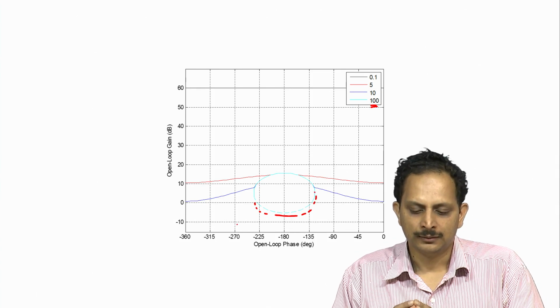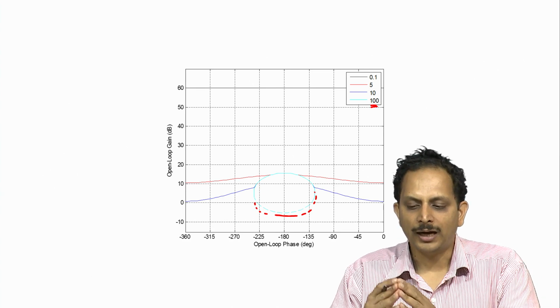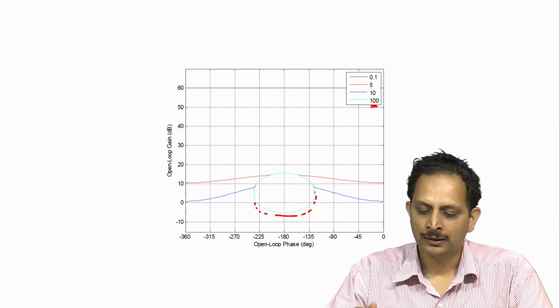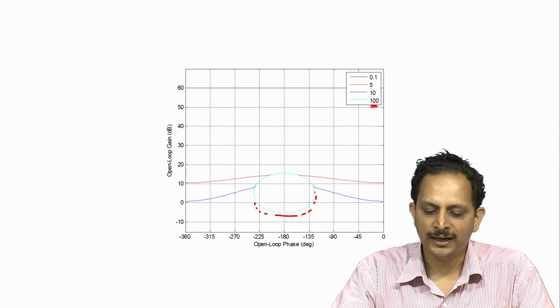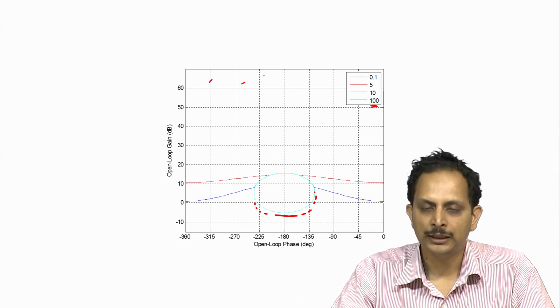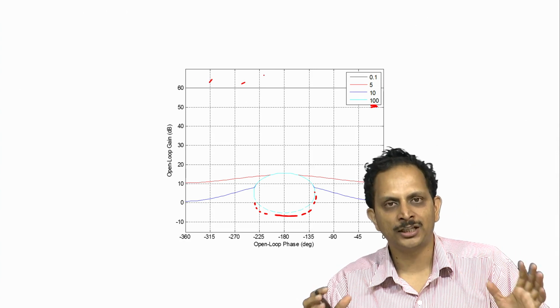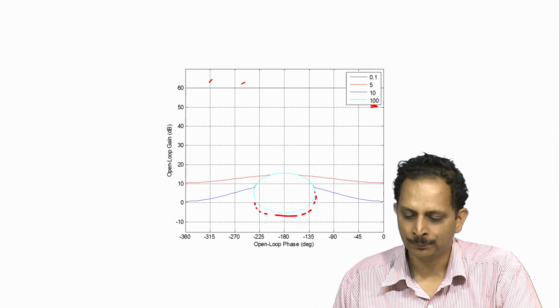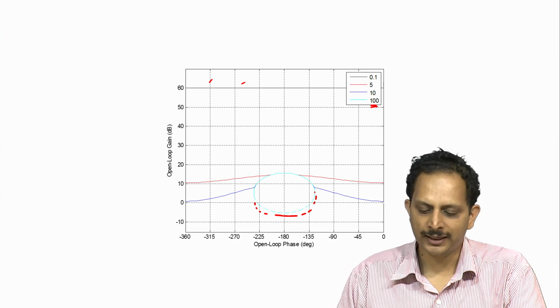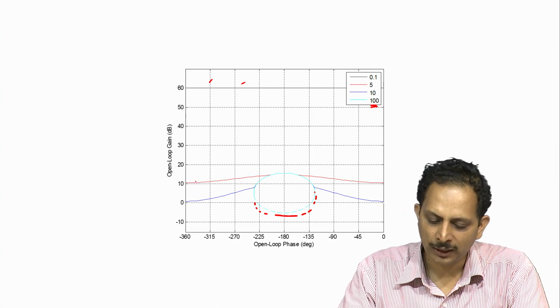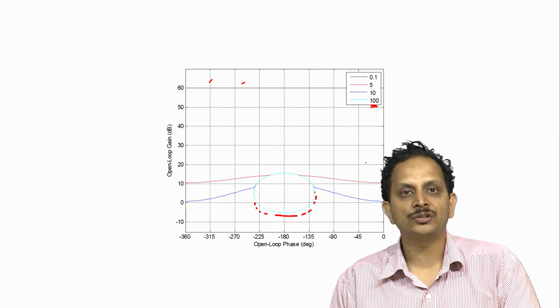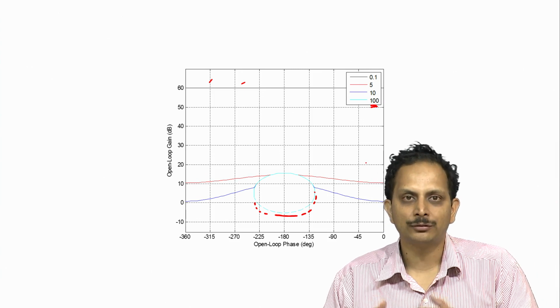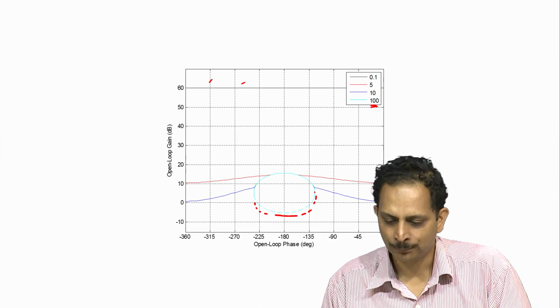So to summarize, at 0.1 radian per second the loop gain should lie above the black colored curve in order for it to simultaneously satisfy the disturbance rejection specs as well as the stability spec. At 5 radian per second the loop gain should lie above the red curve for it to satisfy the stability spec as well as the disturbance rejection specs.